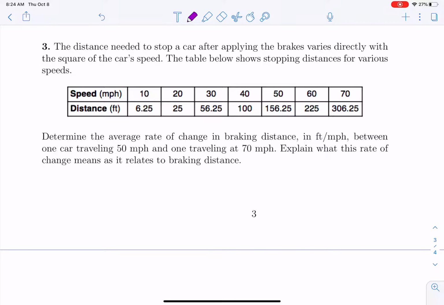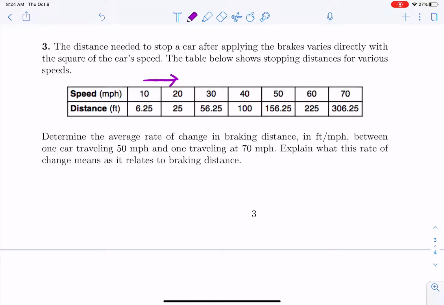It's kind of complicated language, but one thing you notice is that as we go up in speed, the distance it takes for your car to stop increases.